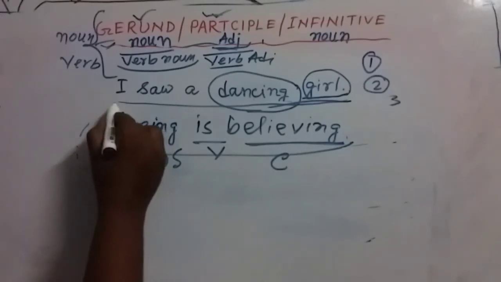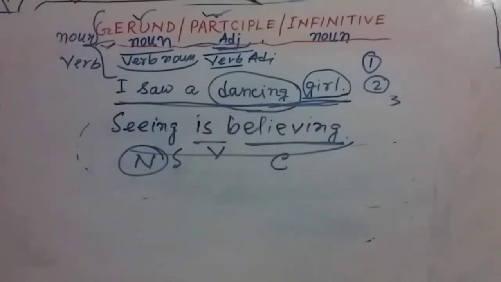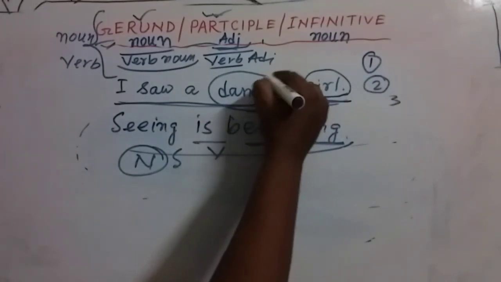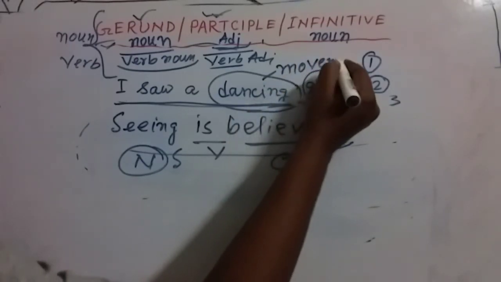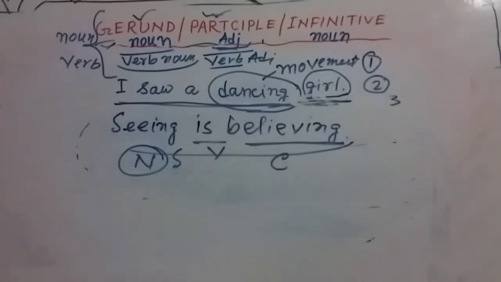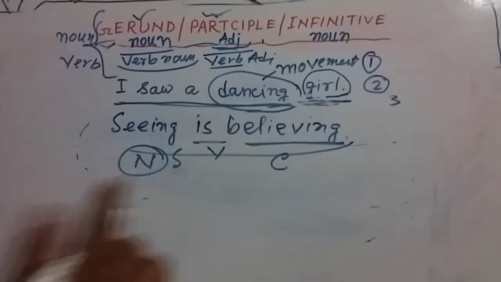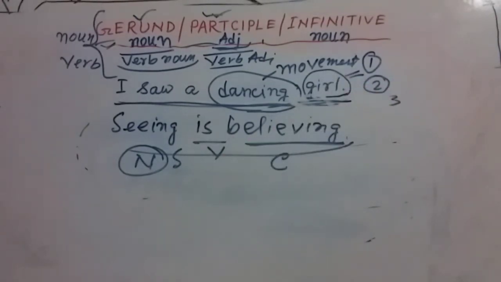If you think about this sentence, I saw a dancing girl, it means the girl is dancing. At that time you saw her. That means there is always a movement in an adjective. There must be a movement, but in a noun it is in a fixed position.